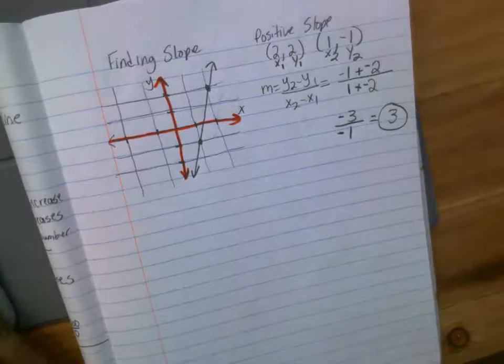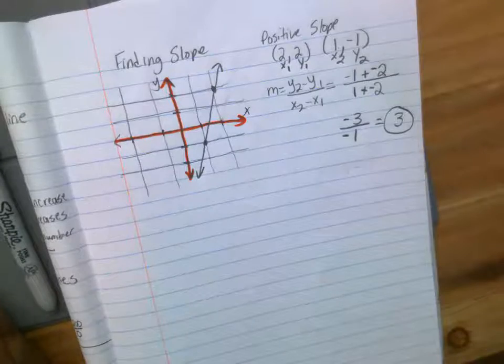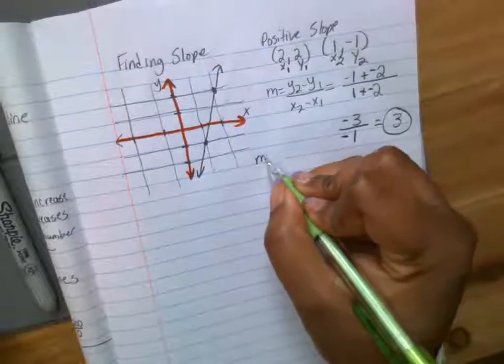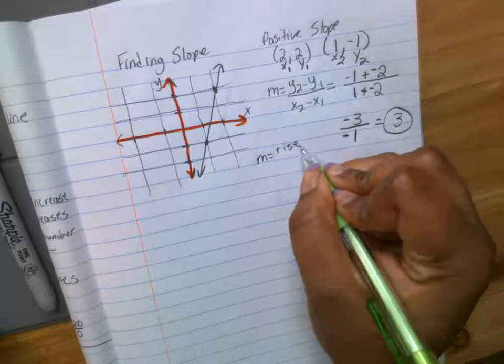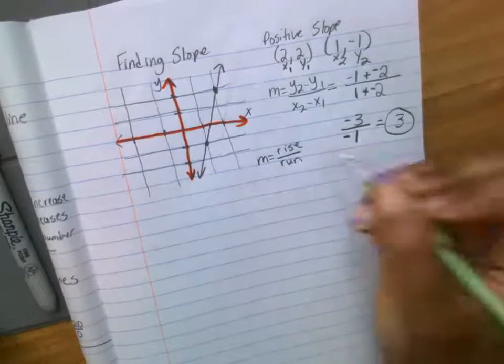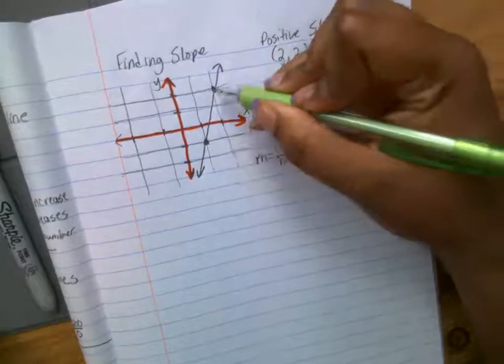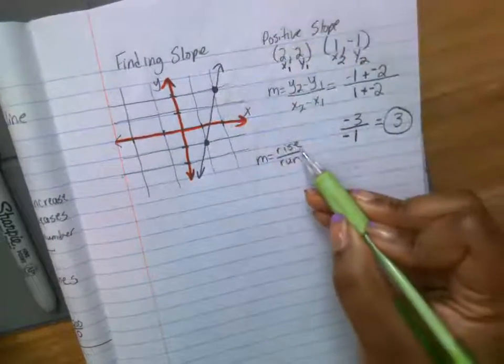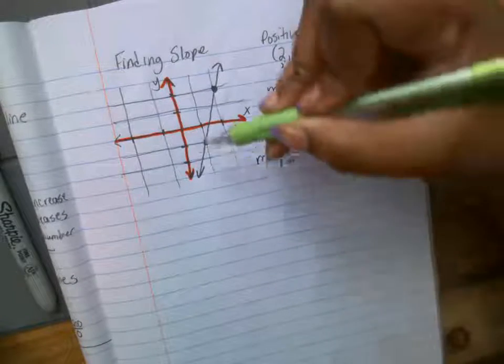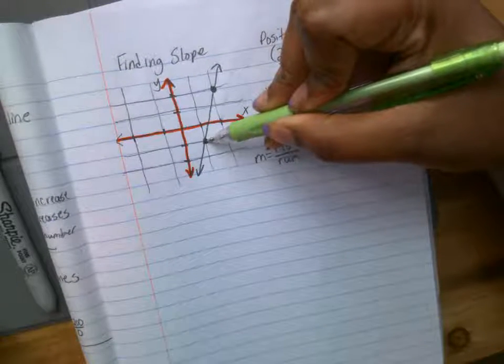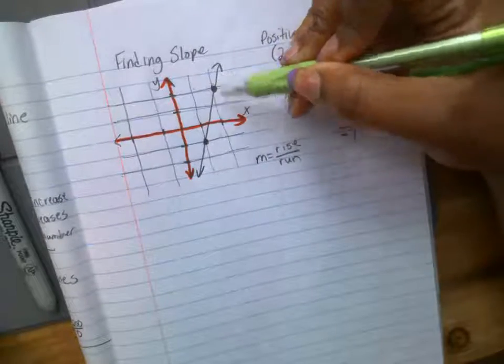Okay. I'm going to pause. We're going to use m is equal to rise over run. Okay. So here you're just going to go from one point to the next point by using rise first. So if I start at this point, how far do I have to go up to get to the next point?